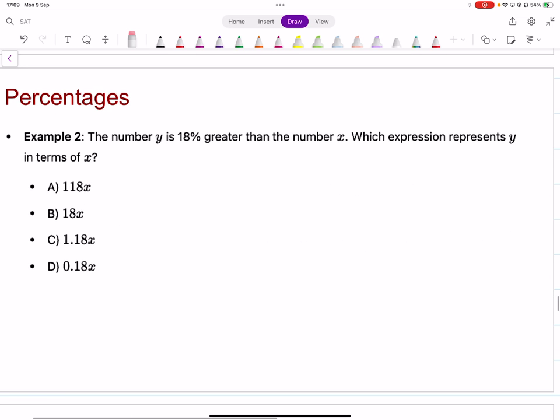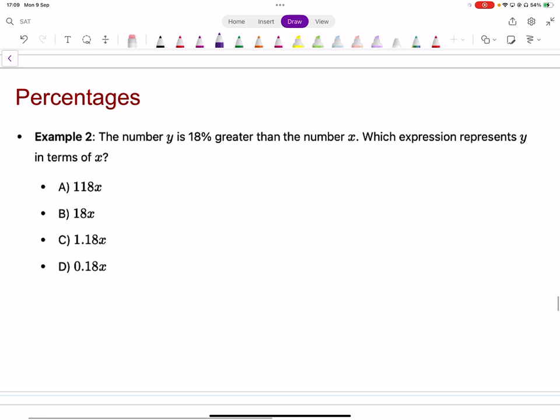The number y is 18% greater than the number x. Which expression represents y in terms of x? Y is greater than x. How much? 18%. A, B, C, C. Does everyone get that?